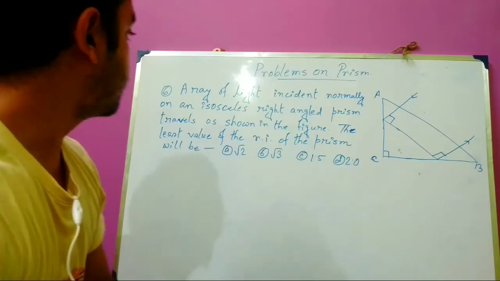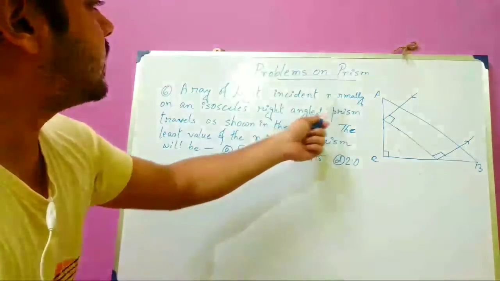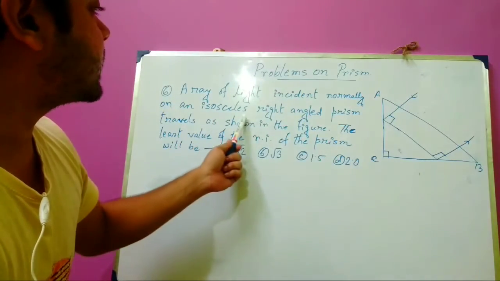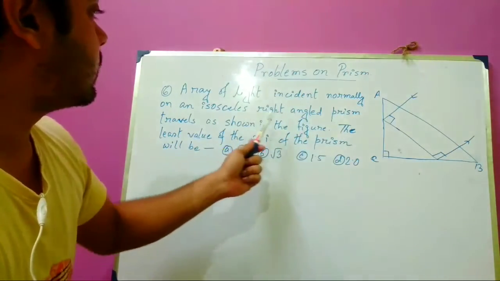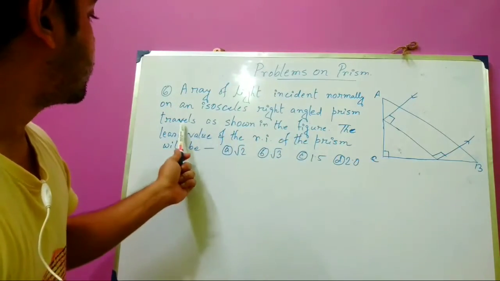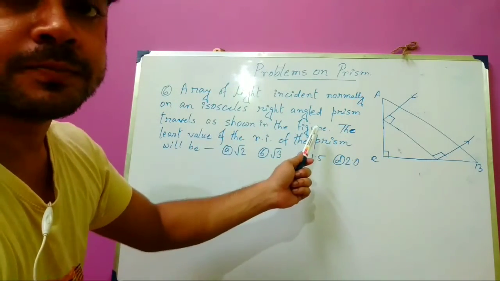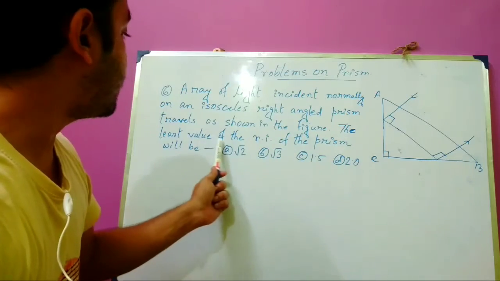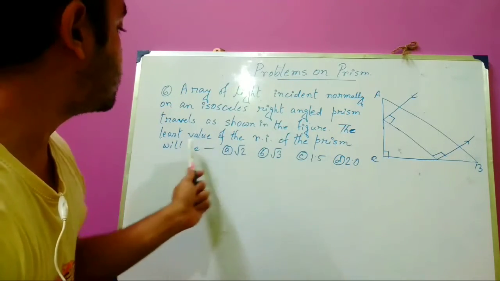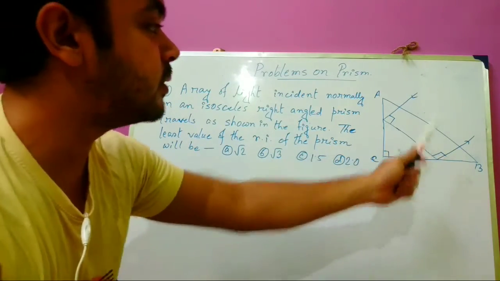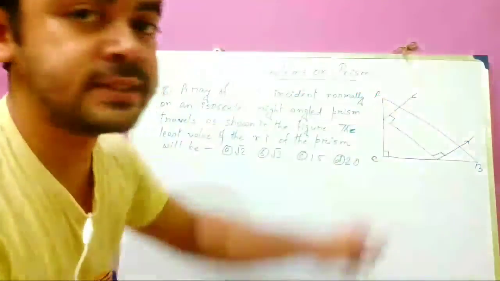Question number 6. A ray of light incident normally on an isosceles right angle triangle prism travels as shown in the figure. The least value of the refractive index of the prism will be? A figure is given, AC equal to BC.